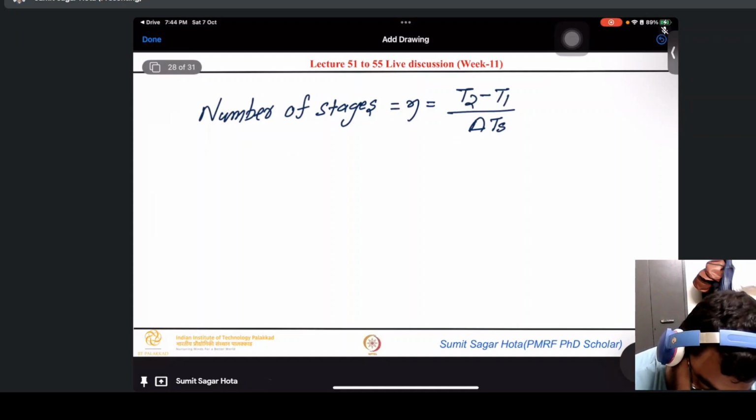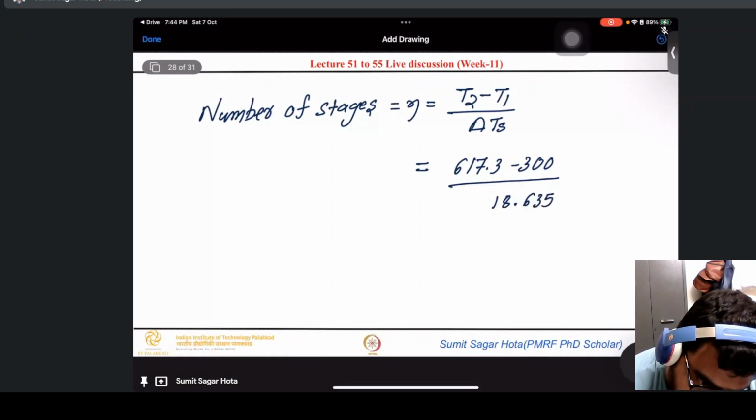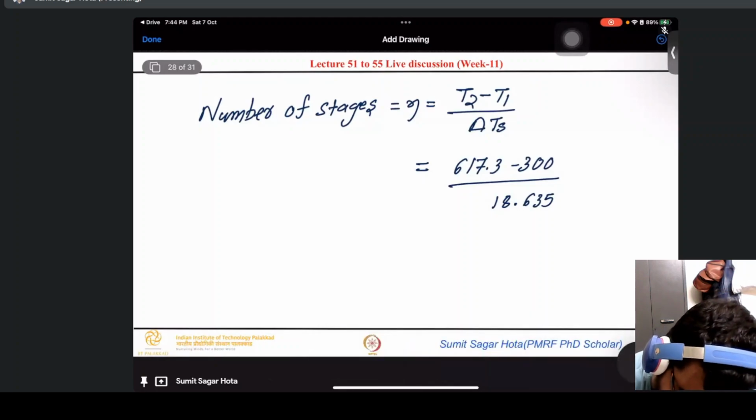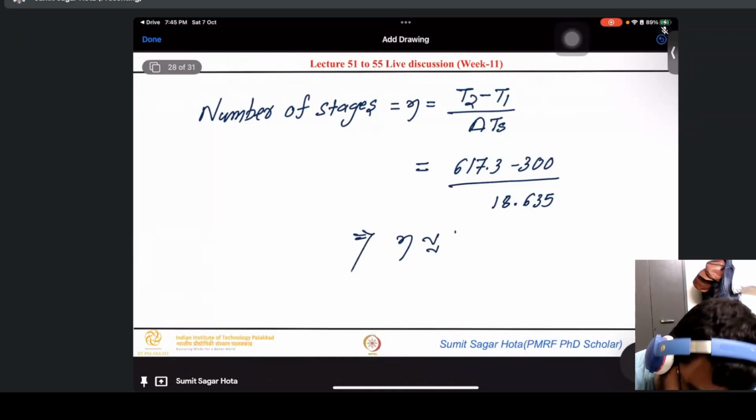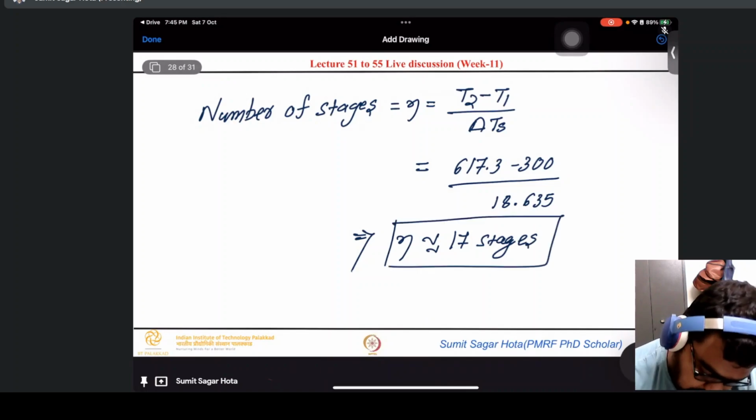Okay, that is T2 minus T1, 617.3 minus 300, divided by delta Ts, which we now get as 18.635. Okay, if you solve you will get n nearly as 17 stages.